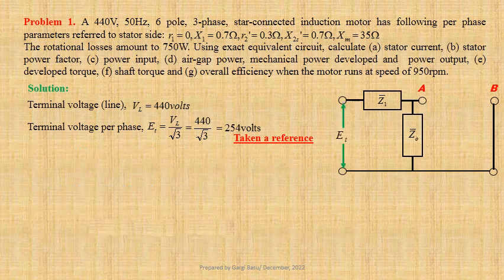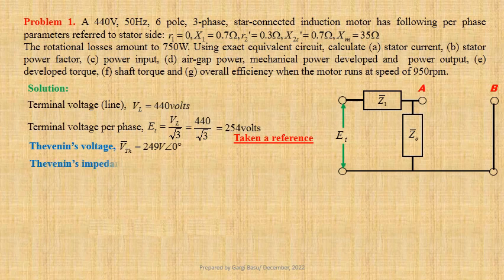We have obtained Thevenin's voltage, VThevenin equals 249 volts at an angle 0 degree, and Thevenin's impedance Z-Thevenin equals 0.68627 ohm at an angle 90 degree.